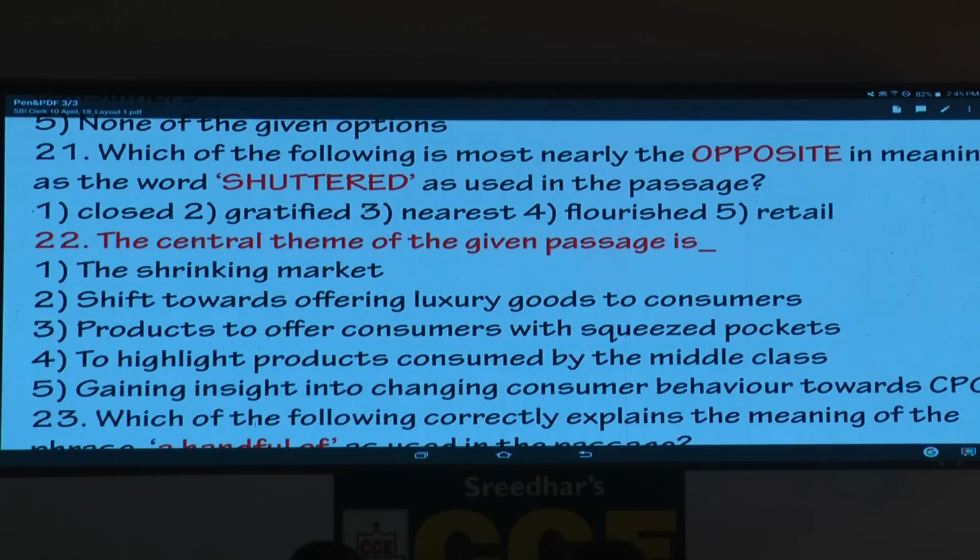Gratified means what? Satisfied. Nearest, not related. Flourish. When do you close your business? When you don't do well. What is opposite? You do well. Do well, what is the other word? Flourish. Flourishing business. So what is the answer based on that? Fourth option is the answer.